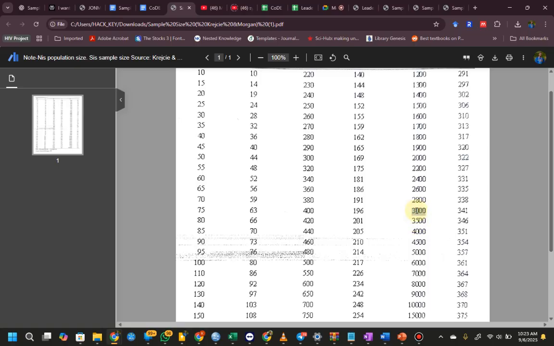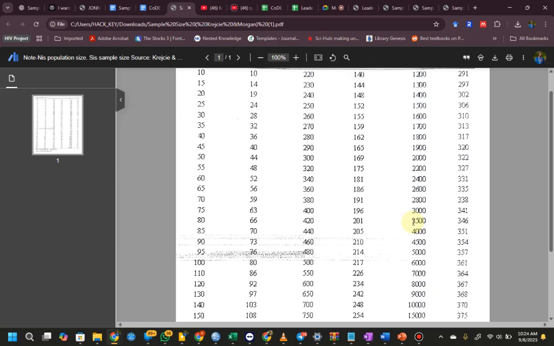So if you have 3,010, you would have to pick the sample size for 3,500 to stand in for the 3,010. Yes. So what then would be your sample size for 3,010? That would be 346. Exactly.